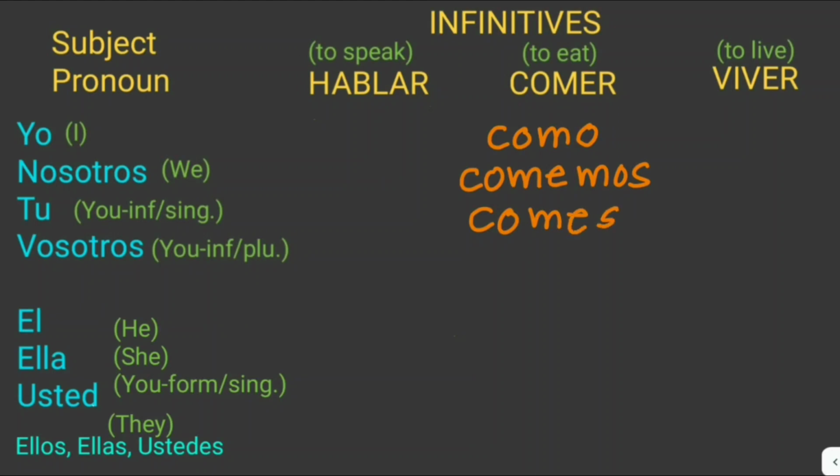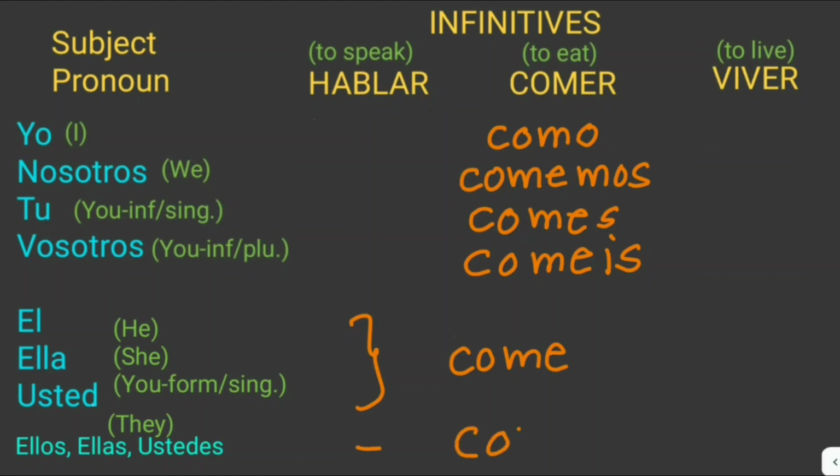You eat, informal plural, this would become coméis. And then for él, ella, usted, this would become come. And for ellos, ellas, ustedes, this would become comen.